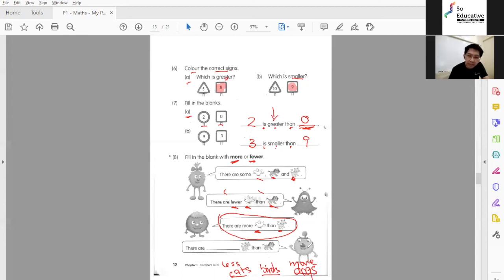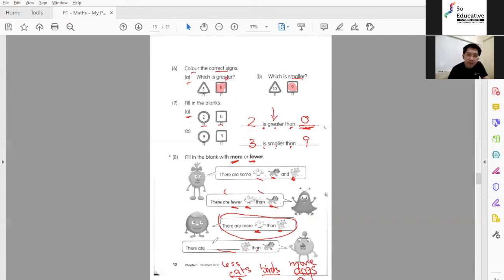Okay. So the question is, there are more or fewer? We have to write down here. There are more or fewer cats than dogs. We're comparing this and that. There are fewer or there are more cats.